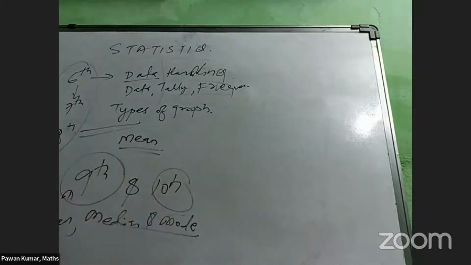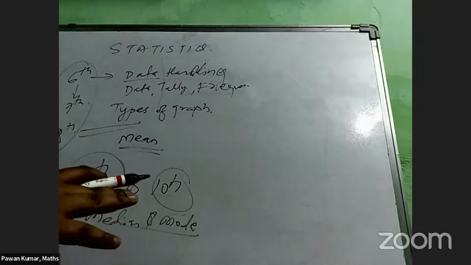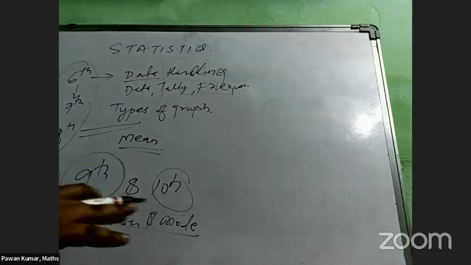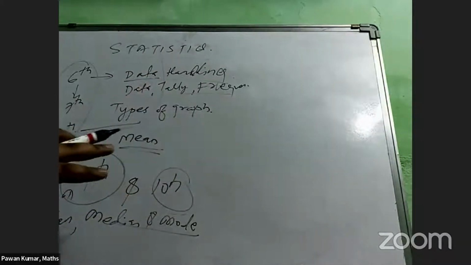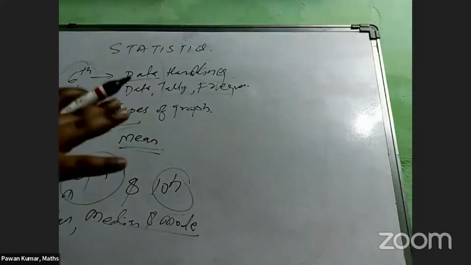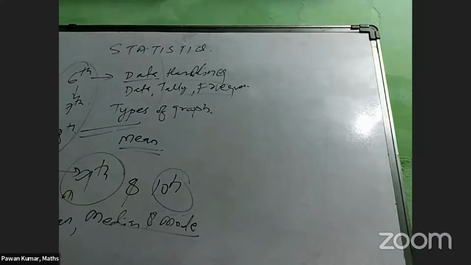But when you come to the 10th class, they include everything. That is the difference between the 6th to 9th classes and the 10th class. Why different? Because here they make you understand the mean through three different methods: the normal method, the assumed mean method, and the step deviation method.